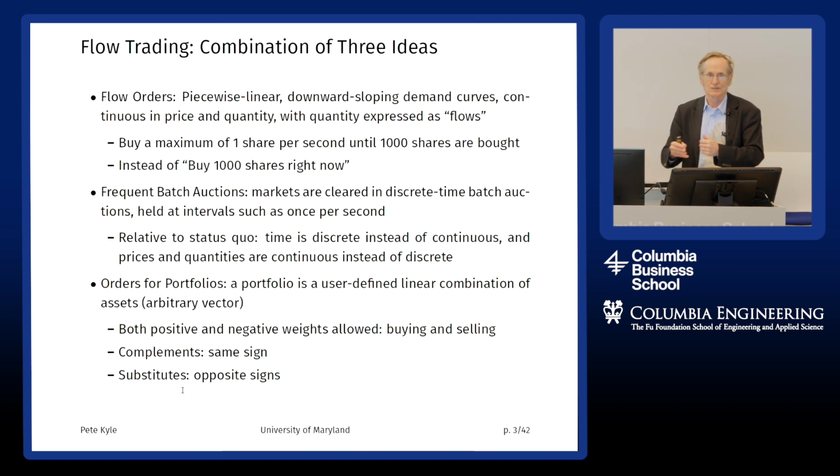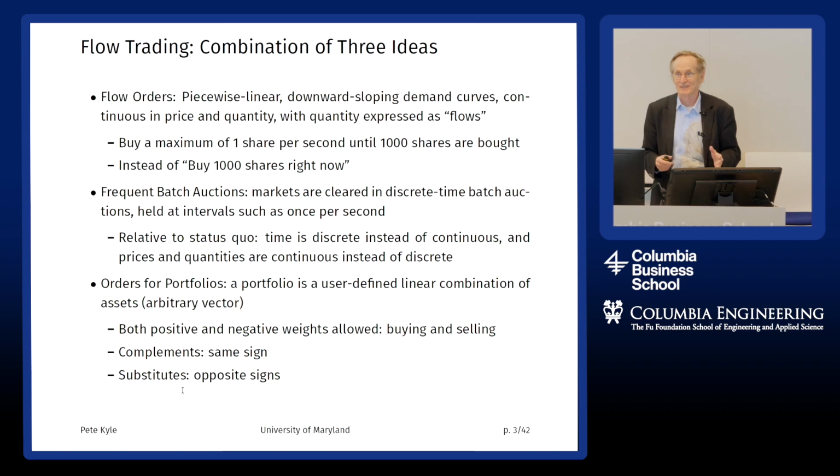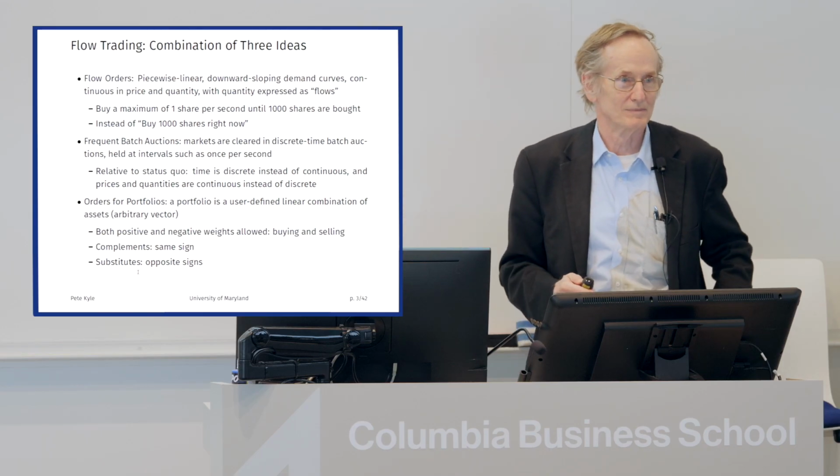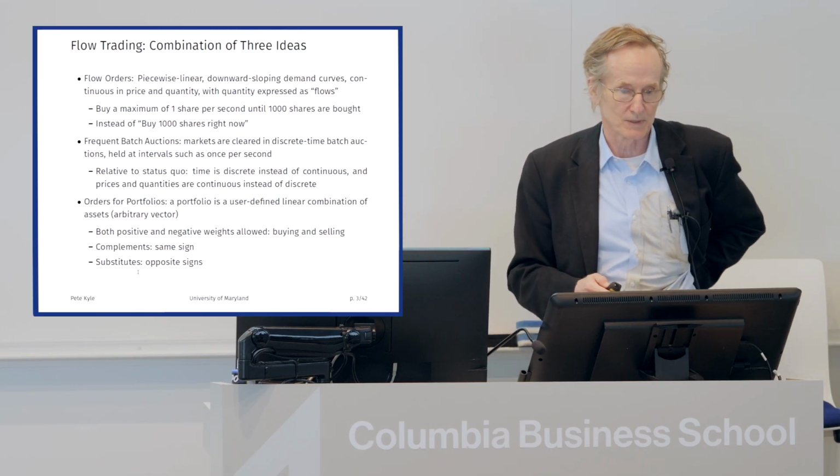The auction will result in a market clearing price and a market clearing quantity. The market clearing quantity and price can be published. And you might say, well, isn't that a lot of information? And the answer is it's about 20,000 prices and quantities per day. That's a lot more information than you have in a lot of illiquid stocks, but it's a lot less information than you have in a stock like Apple, which might trade hundreds of thousands of times per day.